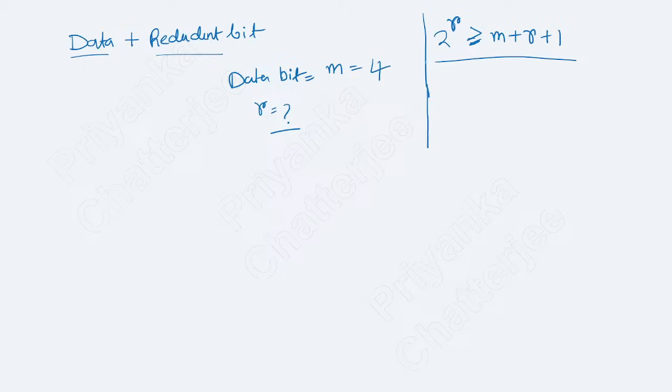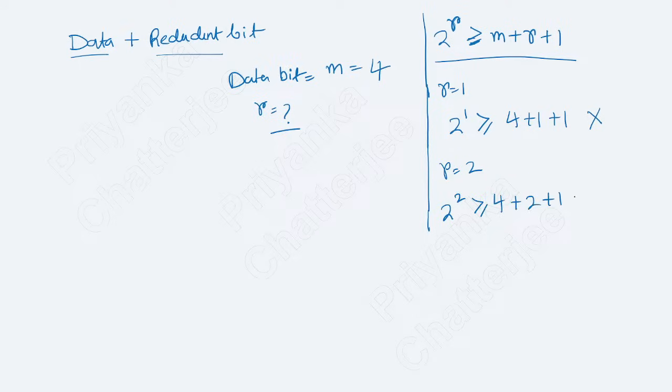How can I do it? Do the trial. If I put R equals 1, 2 to the power 1 greater or equal to 4 plus 1 plus 1. Is it satisfied? No. If I put R equals 2, 2 to the power 2 greater or equal to 4 plus 2 plus 1.